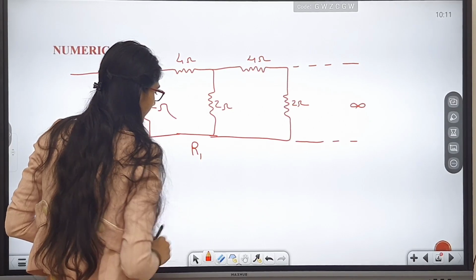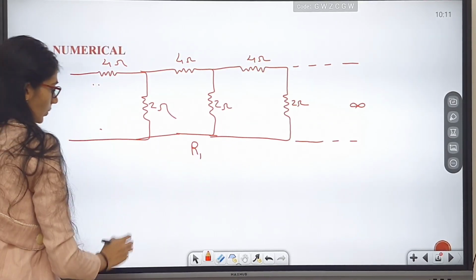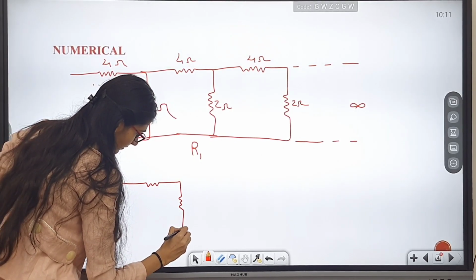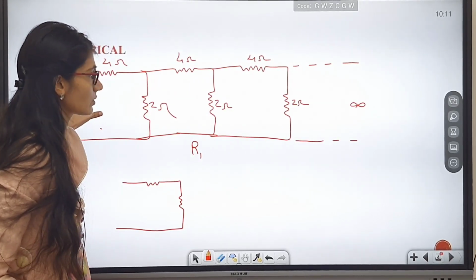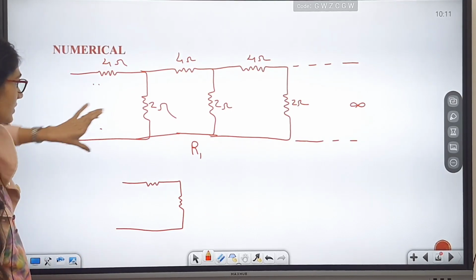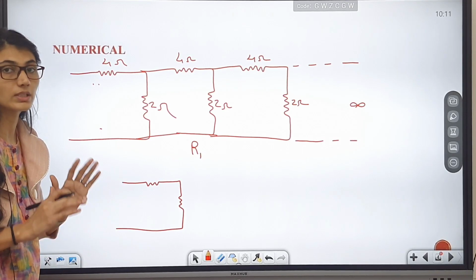The overall resistance of this. So now you will take the whole resistance of this circuit as R1, and you just need to add one more circuit like this, because it is not going to affect the overall circuit at all.